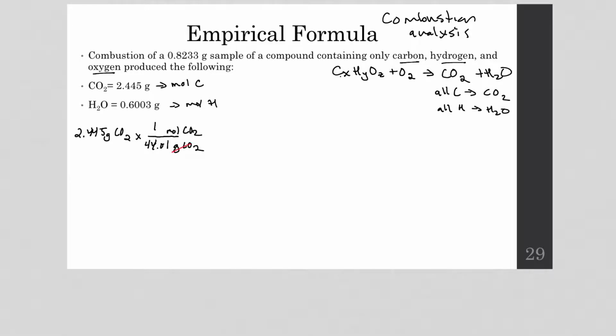So at this point, we have moles of carbon dioxide. But we want moles of carbon. Well, if I look at the formula within carbon dioxide, I see that there is 1 mole of carbon per every mole of CO2.